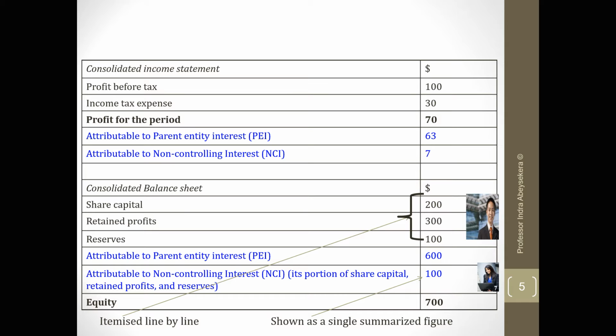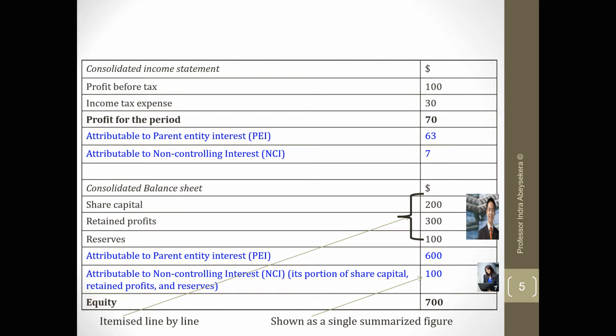That's the parent entity's interest based on the ownership of the subsidiary, and also the parent's own profit for the group. And then there's profit attributable to the non-controlling interest, who are the shareholders in the subsidiary. So we need to attribute a certain portion of that profit to the non-controlling interest shareholders.